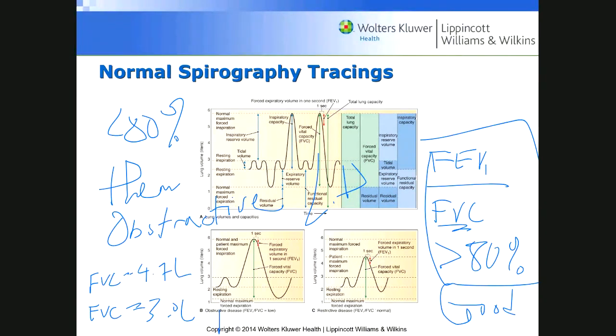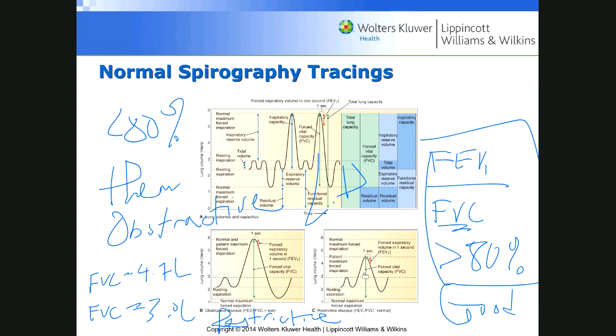And it shows you here, restrictive lung disease. In this case, the maximum air this person can take in is just the air from here to here. That's vital capacity. It's like, say, 1, and this is 4.5, so that's about 3.5.